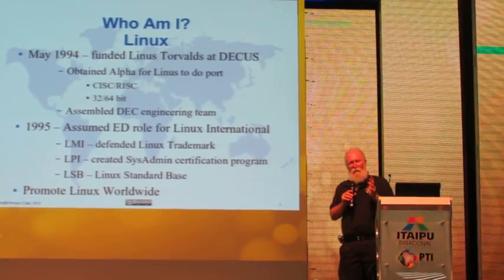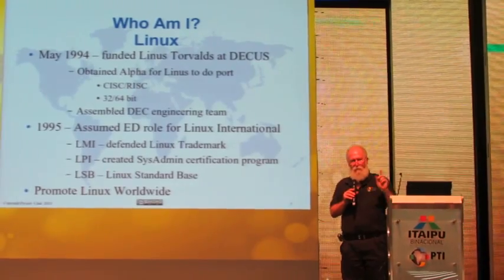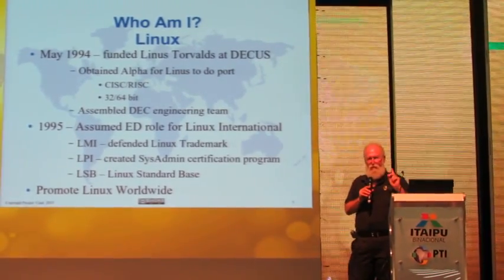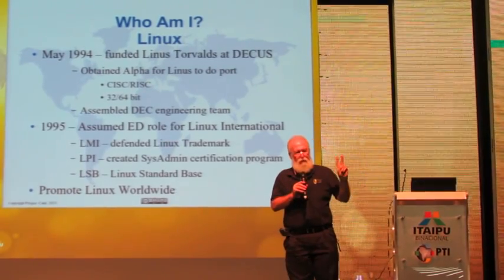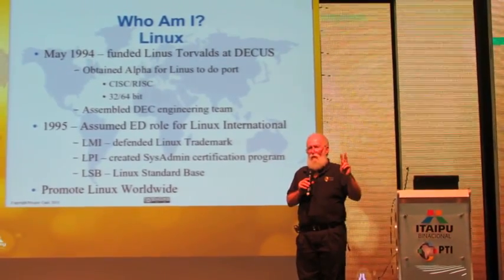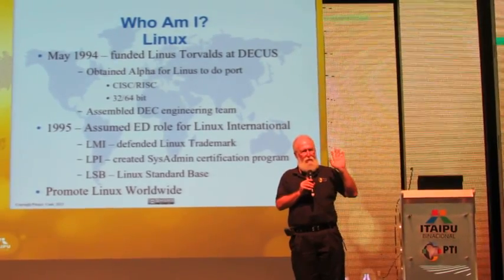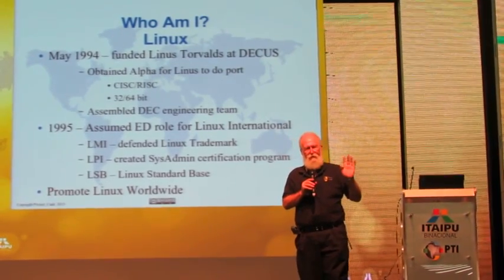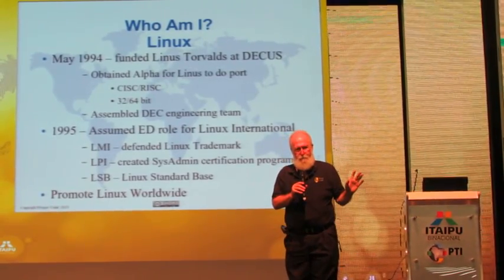And I gave him a 64-bit Alpha computer. That was also a RISC instruction set computer. And those two things were very important because I wanted Linux to be a platform where you could create new algorithms to use in a very large address space.